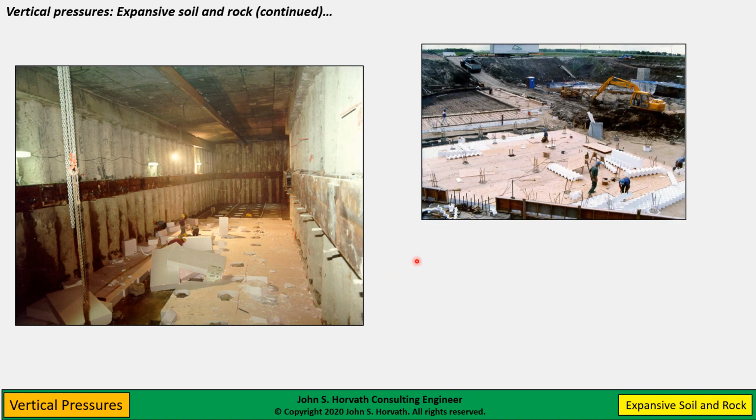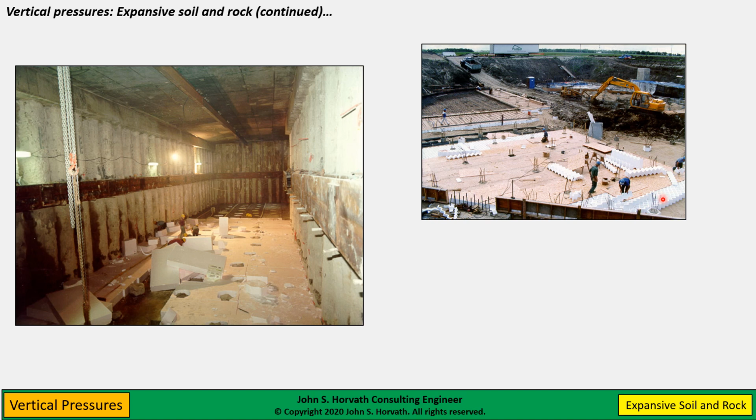This is kind of a second generation product that's available both in the UK and Canada. This happens to be a project in Canada, in Winnipeg, Manitoba, a water treatment plant, again with expansive ground.